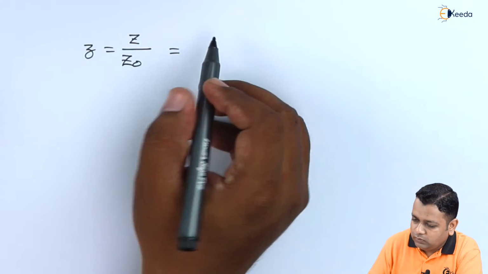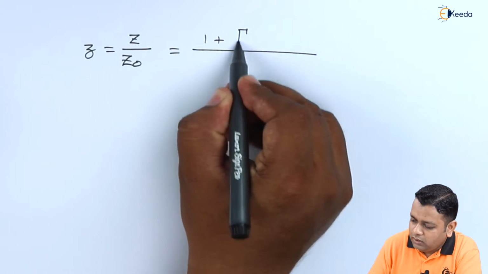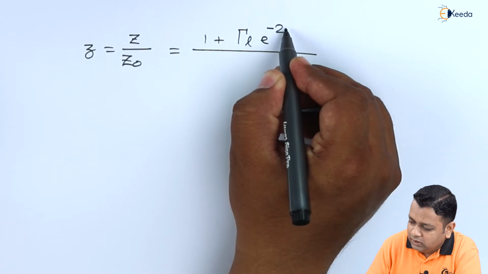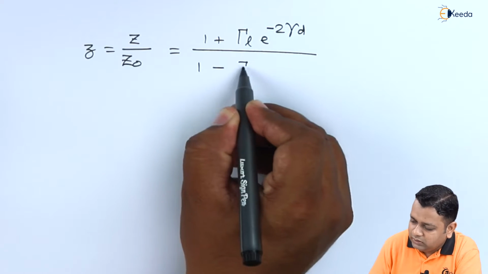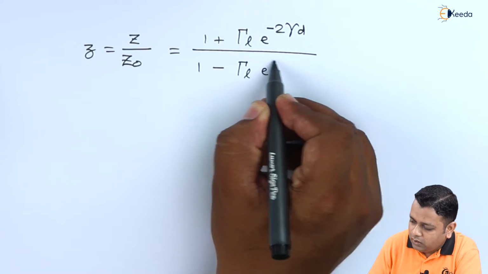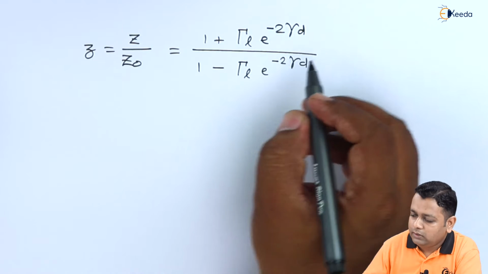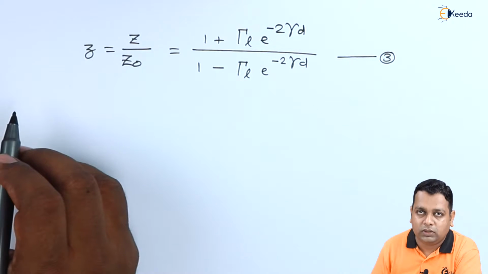It has in the numerator 1 plus gamma suffix L into e to the power minus twice gamma d, whereas the denominator is 1 minus gamma suffix L e to the power minus twice gamma into d here. Let this be regarded as equation number 3.